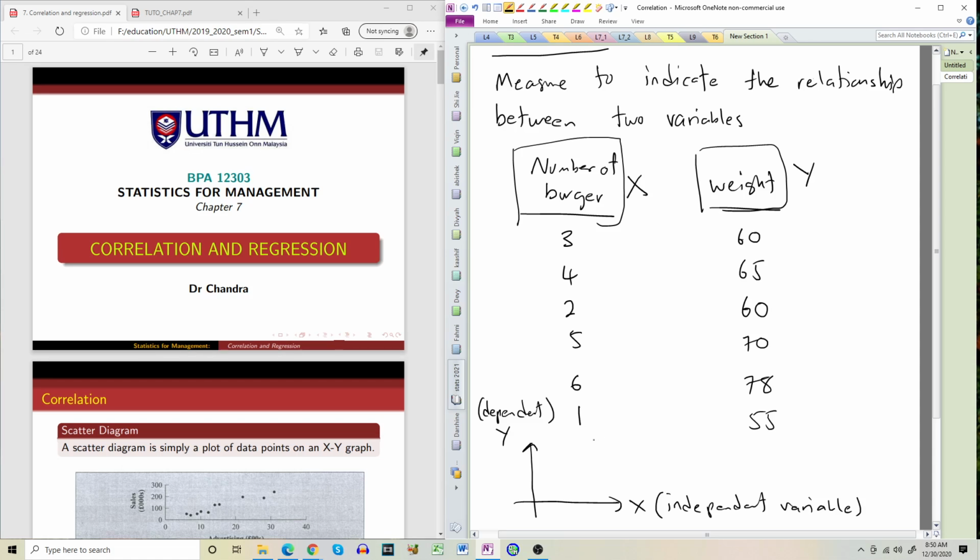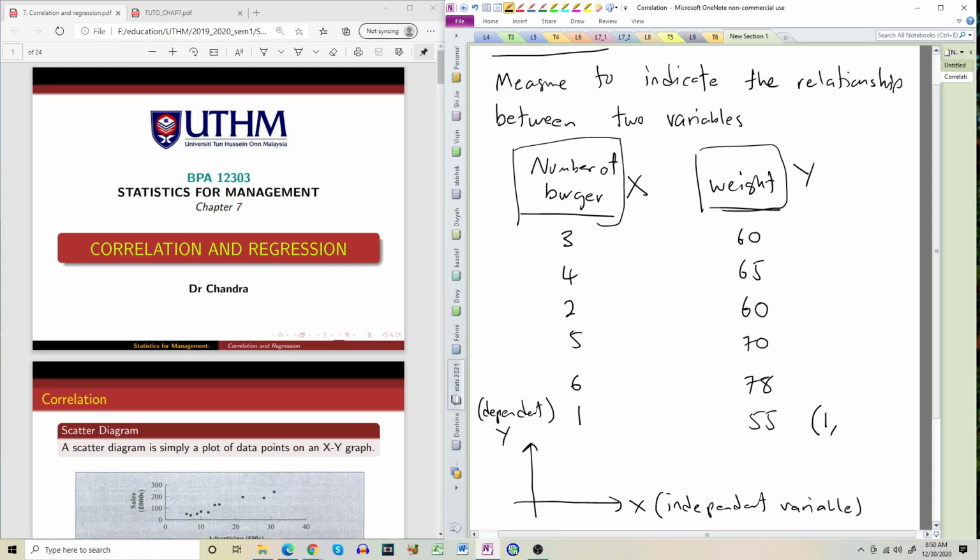First of all, I would like to plot the graph based on these points, whereby my number of burgers is x and my weight is y, so my coordinates will be like this. Remember, when you want to plot in a Cartesian plane, you need coordinates.